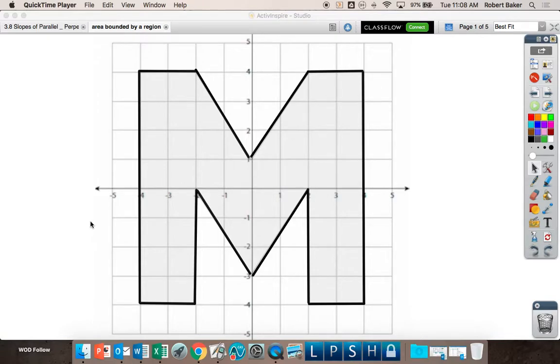We're going to attempt to find the slope of every line that makes up that M. All of them. There's an easy place to start, and a more complicated place to start. Where would you like to start?